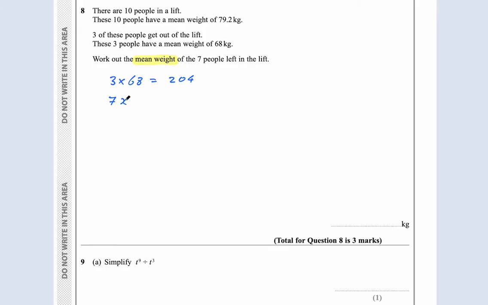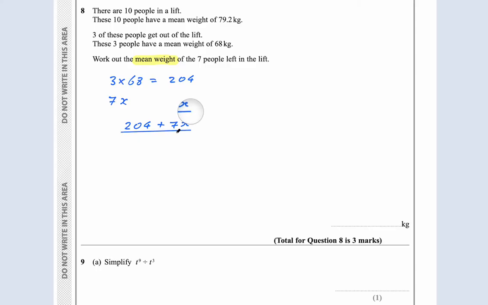The mean is x, so the total weight of these 7 people is 7x. So the total weight is now 204, for these three people, plus 7x for the other seven. And so that's the total weight of everyone together.